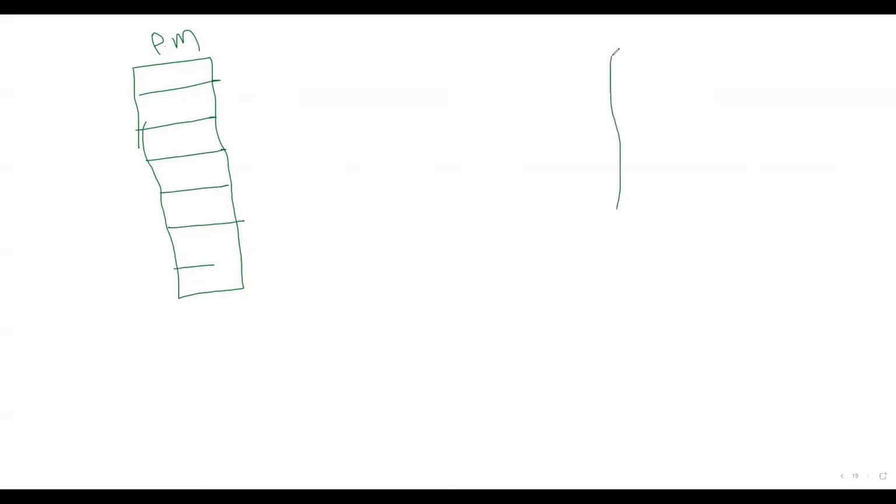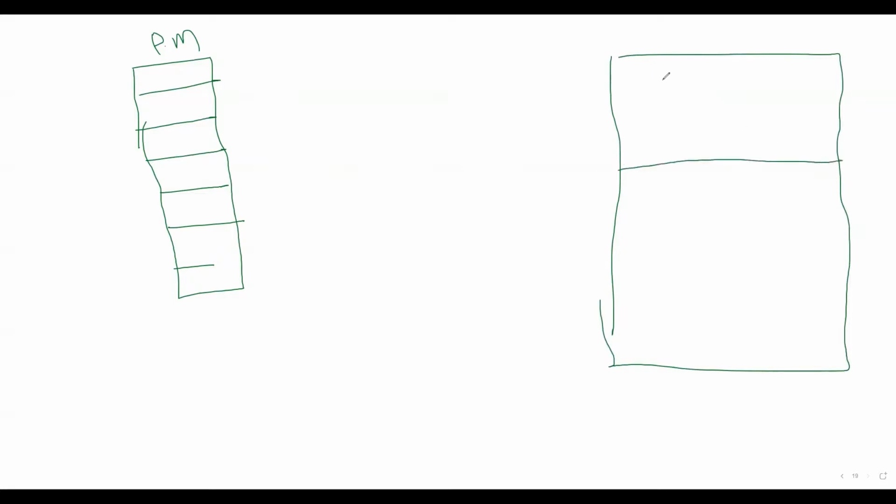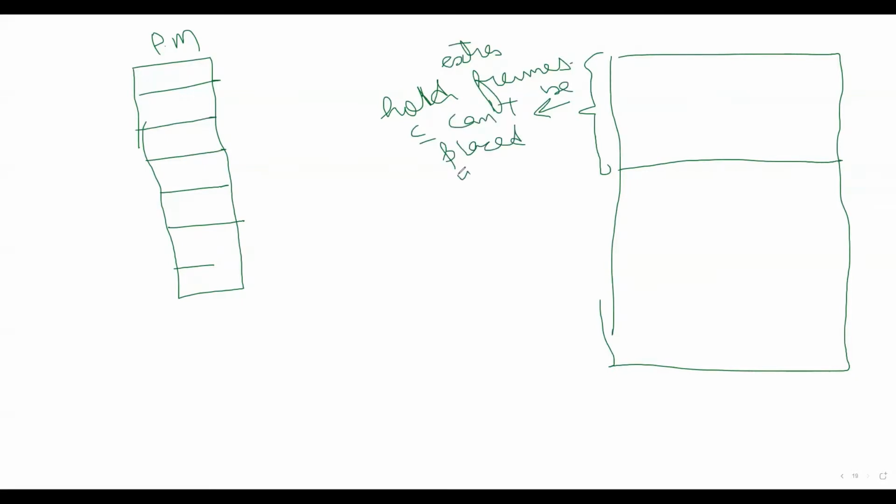And this is our secondary memory, and from this secondary memory some part is chosen. This part is used to hold the extra frames which cannot be placed in the main memory. Those frames will be placed here, and this place is called swap space.